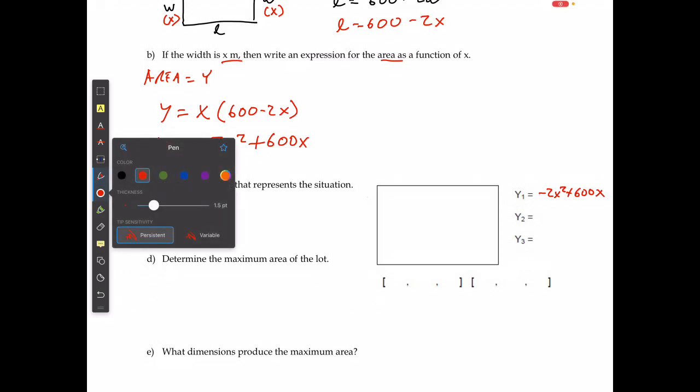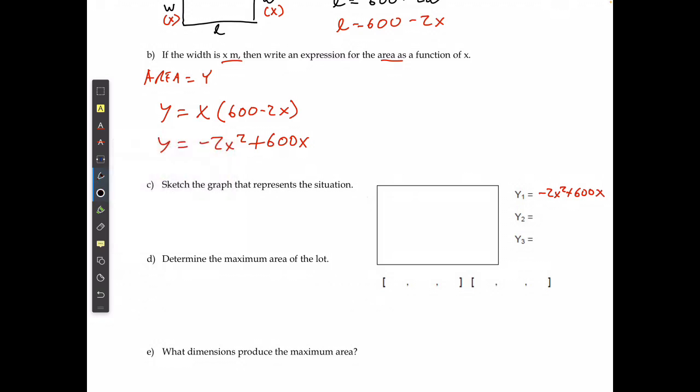I'm going to change my window setting so I can fit this. And I can already see that I have 600 meters of fencing to prospectively use. So I'm going to say that I have negative 50, 500, and 50 are going to be my x values.